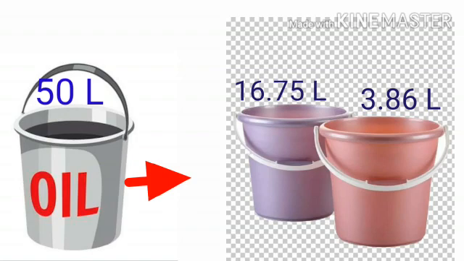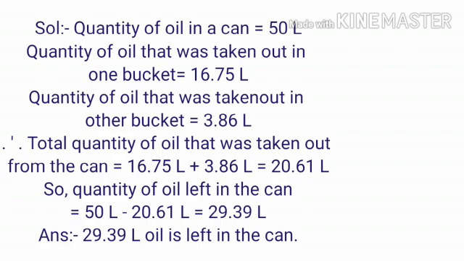So let us see the procedures which we will follow to solve this word problem. Quantity of oil in a can equal to 50 liter. This will be the first statement of our word problem.